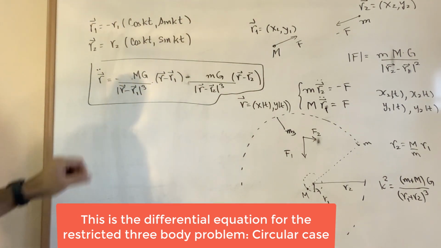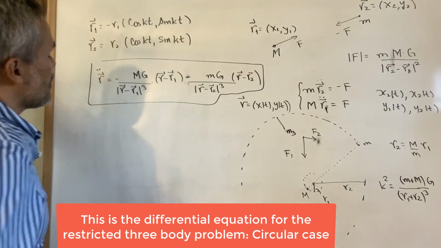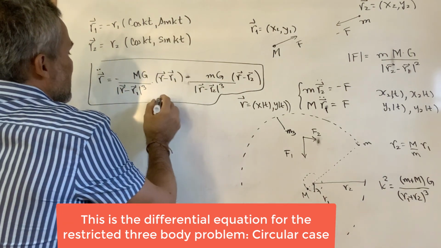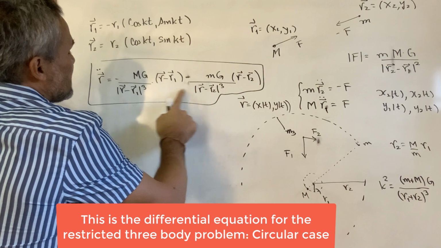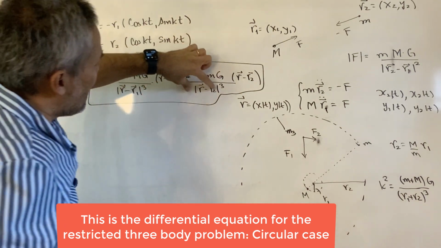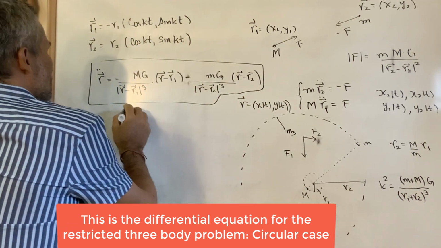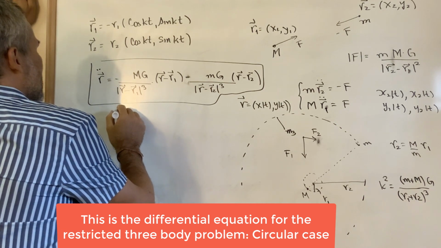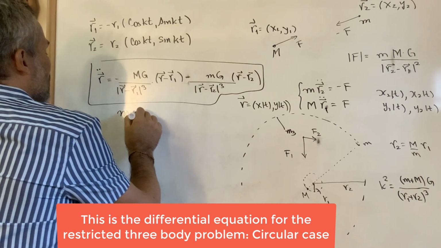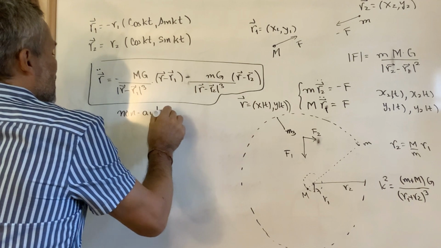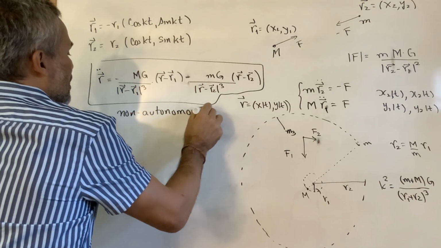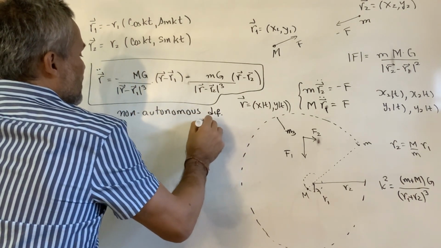One of the properties of this differential equation is that the time t appears explicitly here. This expression has a t explicitly, and for that reason this differential equation is what is called a non-autonomous differential equation.